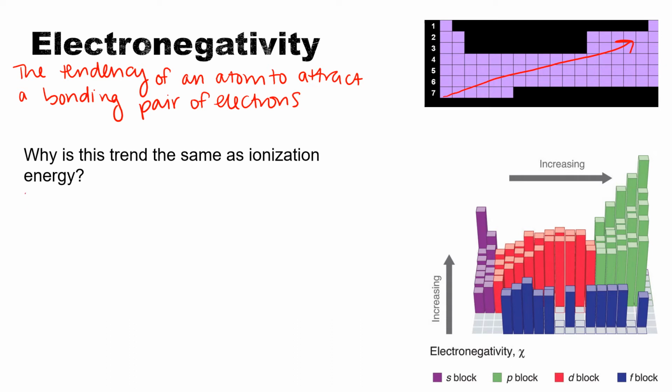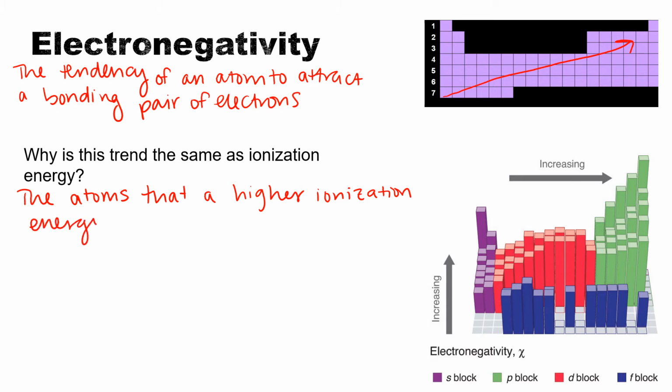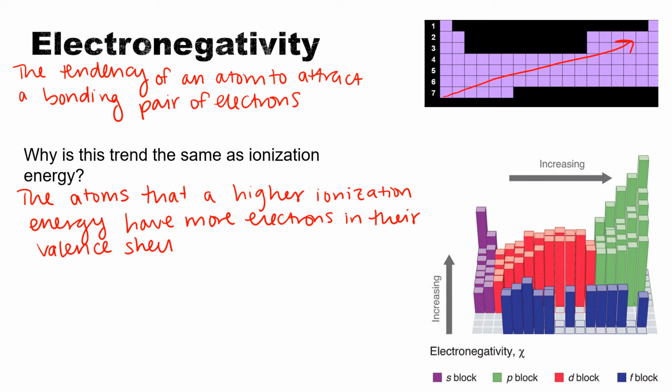And the reason is the atoms that have a higher ionization energy have more electrons in their valence shell, which means that they're closer to a full valence shell and therefore more likely to gain extra electrons.